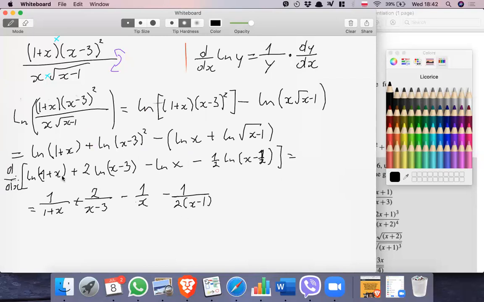So this is the derivative of this particular logarithmic expression.